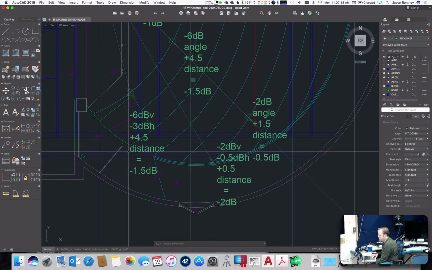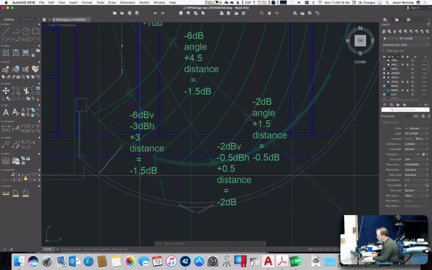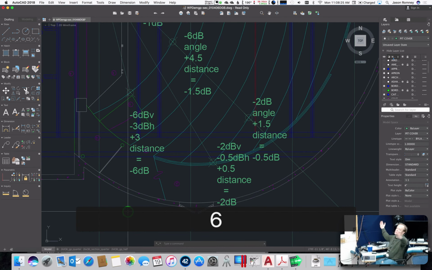Because I'm a little bit further away. So let's just call it 1.5, just to make this a little bit easier, which would take me to 3 even, right? Plus 3 for distance. So what does that work out to then in the end? It's a minus 6, isn't it? Which is within the range that I can accept.